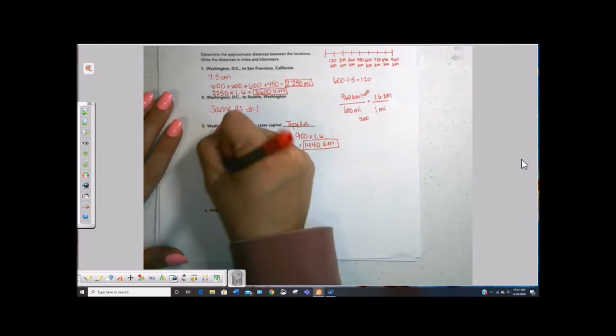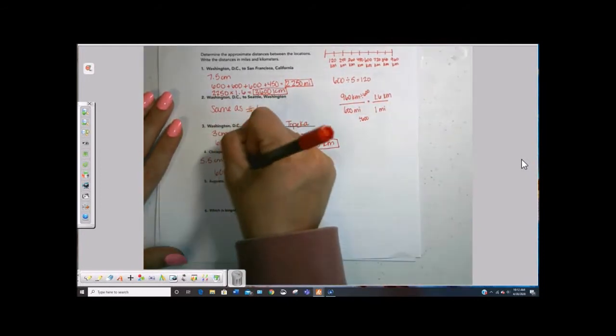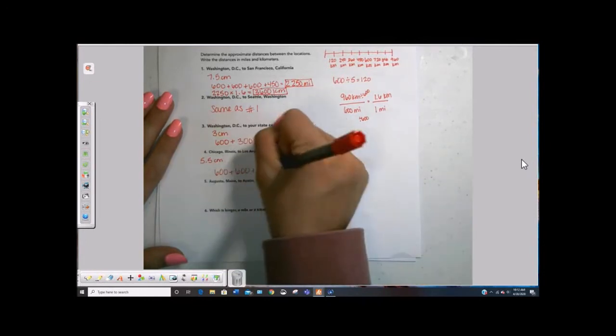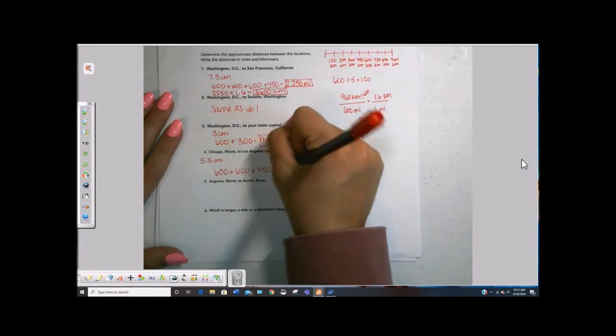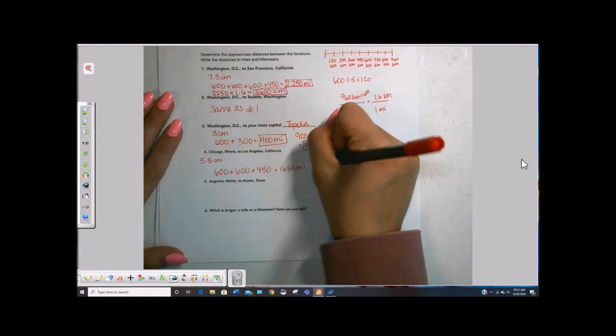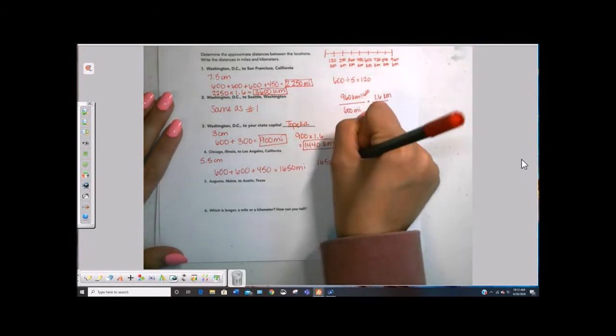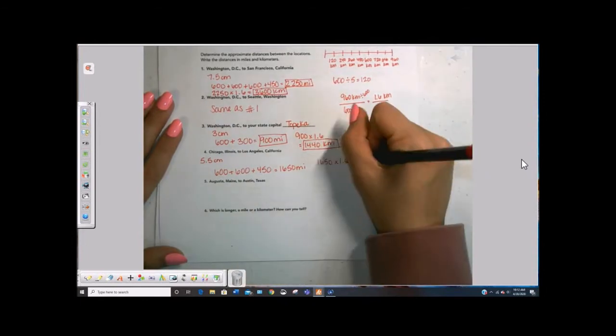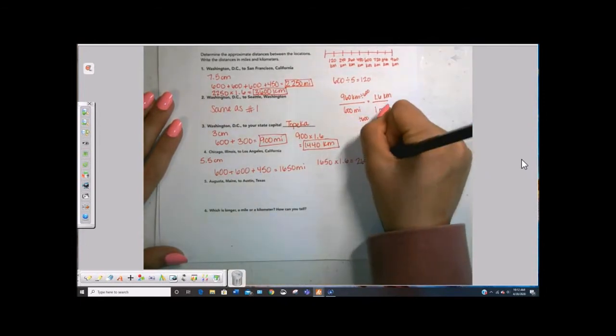And then left over from 4 is 1.5 centimeters, so that's another 450. Add all together, you get 1,650 miles. Then you're going to take that and multiply by 1.6 to find your kilometers, and you get 2,640 kilometers.